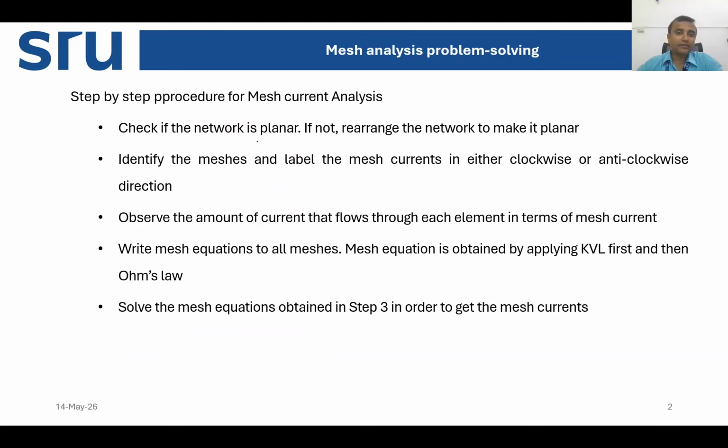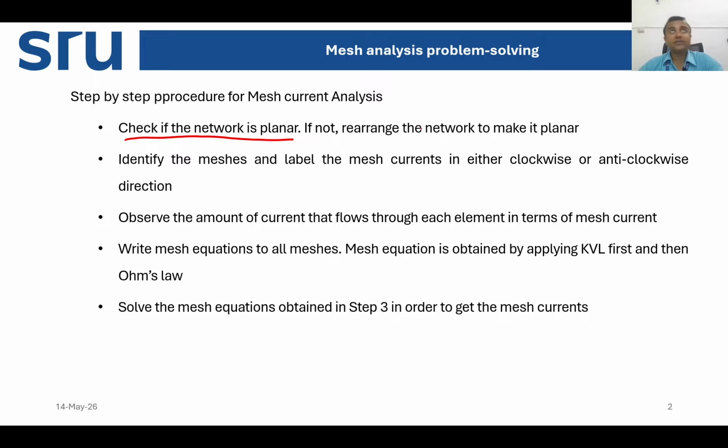We already have the mesh analysis problem solving theory, but to check that, we come to this part. Check whether the network is planar or not. Planar means it can be fitted on a two-dimensional paper.